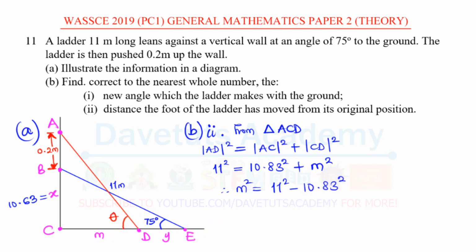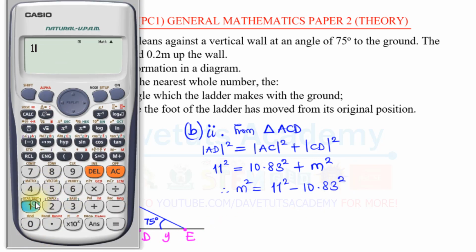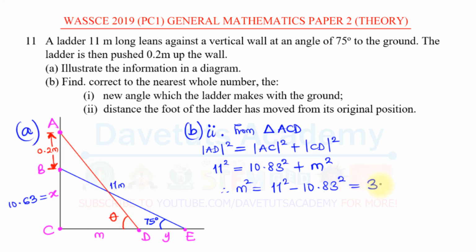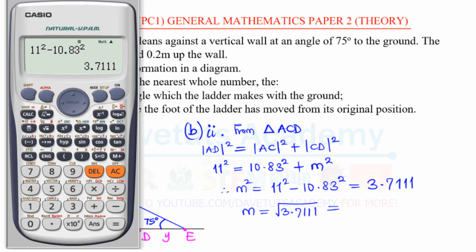If I take my calculator, 11 raised to power 2 minus 10.83 raised to power 2, what is that? 3.7111. So this is equal to 3.7111, and M itself will be the square root of 3.7111. And guys, just find the square root of my answer as 1.9264.